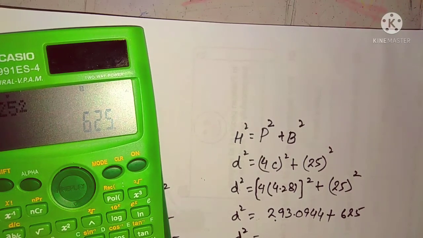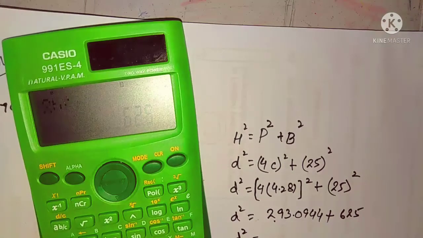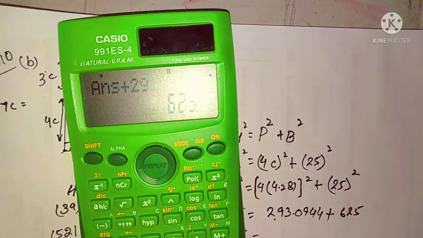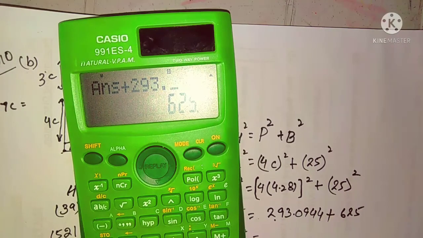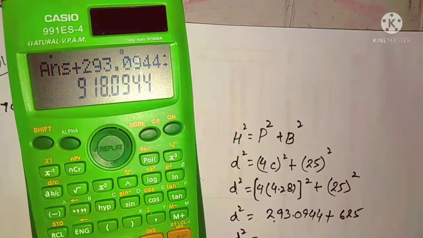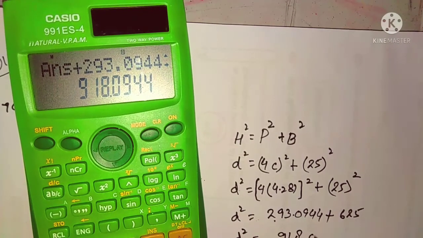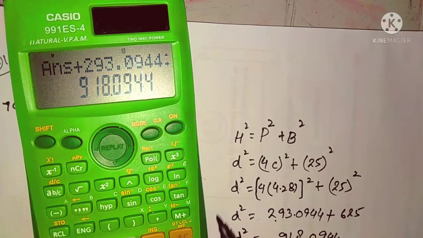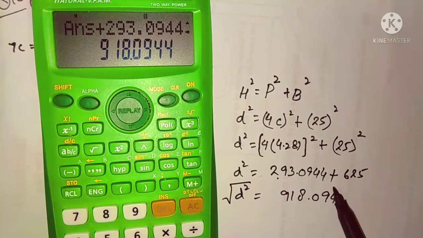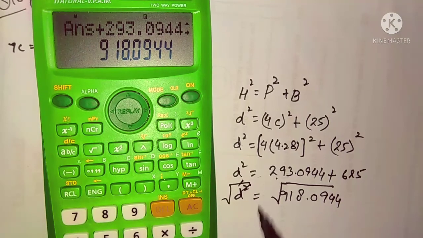When I take the square of this number, I will get 293.0944, and when I take the square of 25, I will get 625. Okay, so D square will be equal to 625 plus 293.0944.